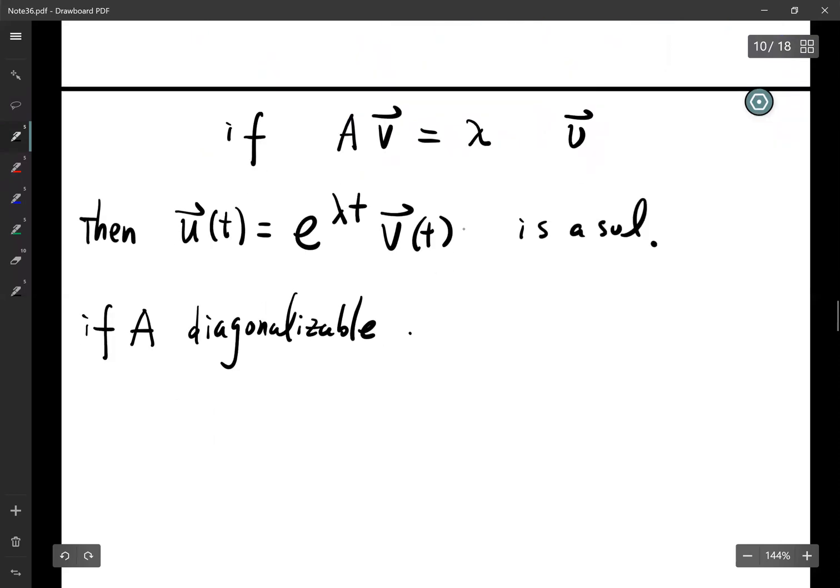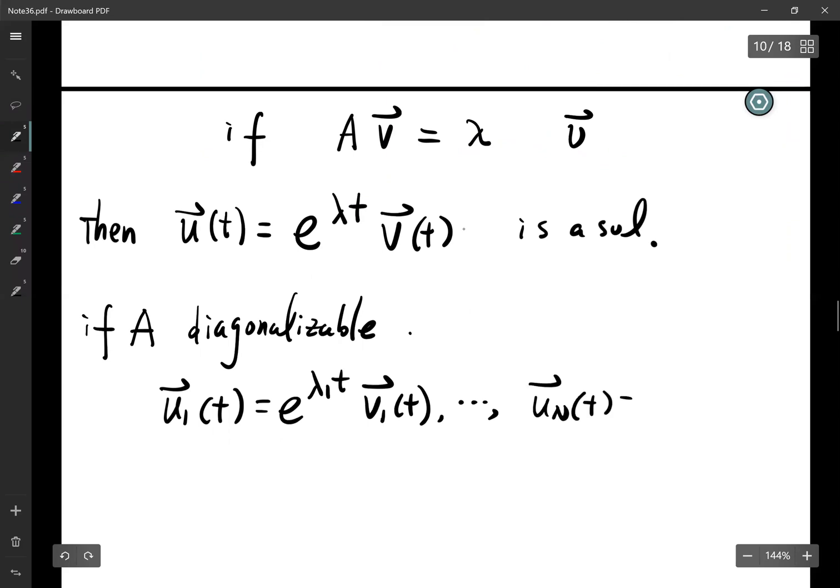If A is diagonalizable, then we can find u_1(t) equals exponential lambda_1 t times v_1, up to u_n(t) equals exponential lambda_n t times v_n, and this will be a fundamental solution set.